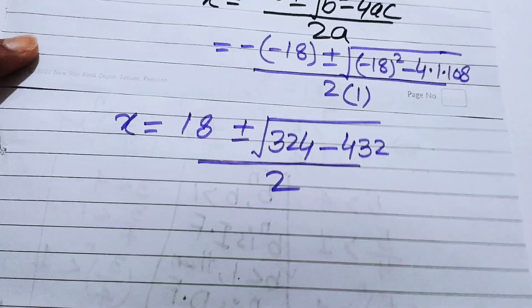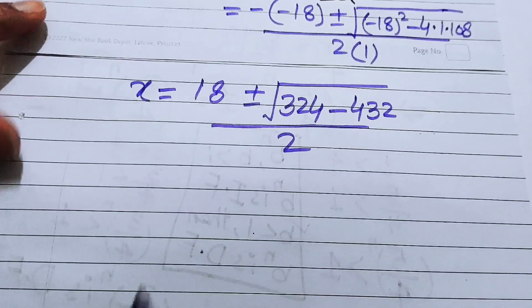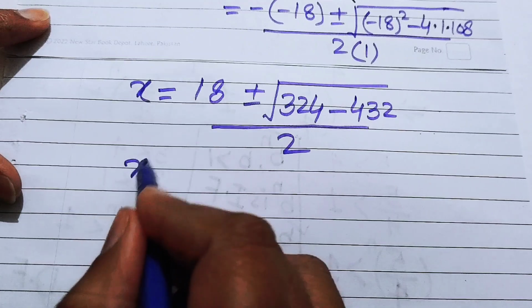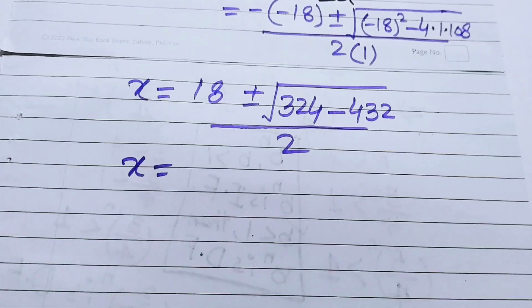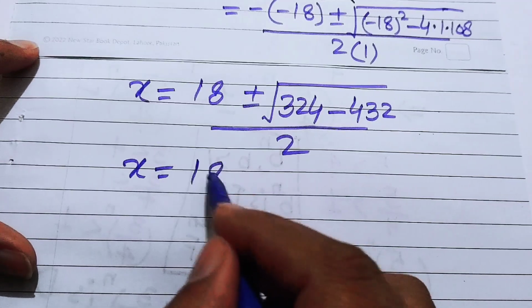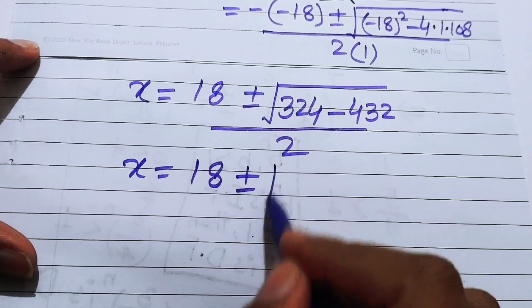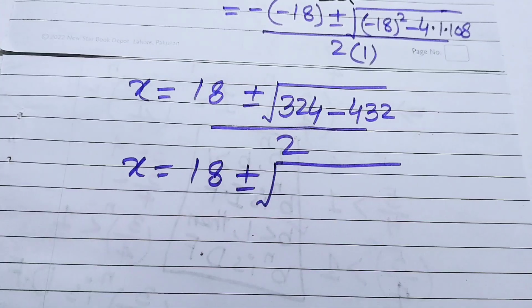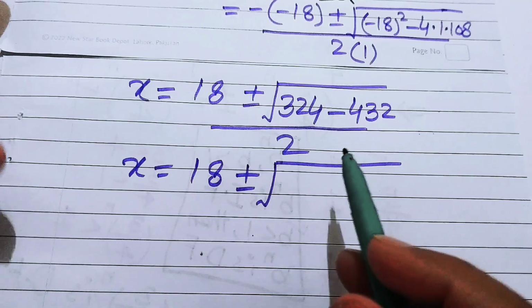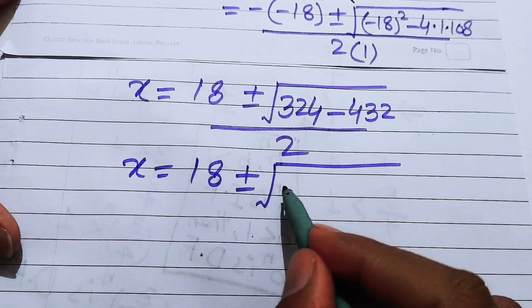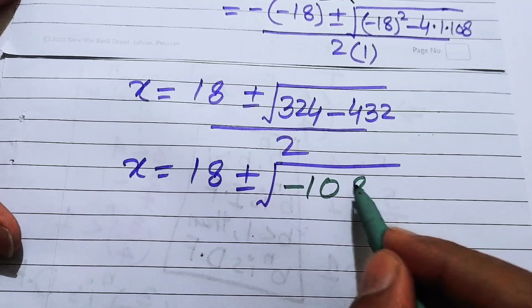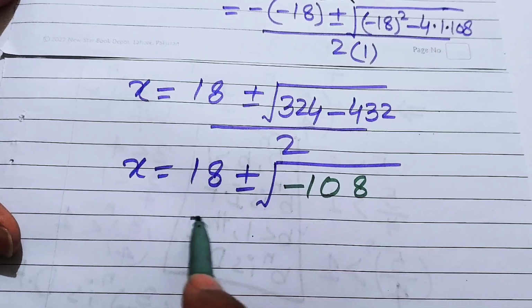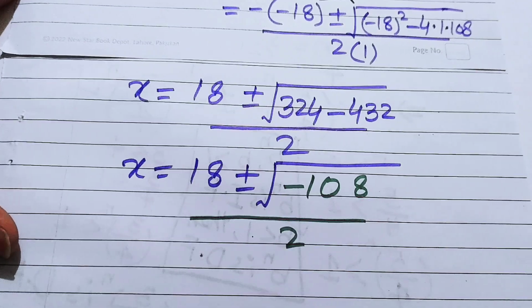Now we just subtract these two terms, and we get 18 plus minus square root of 324 minus 432, it equals minus 108, and it is divided by 2.